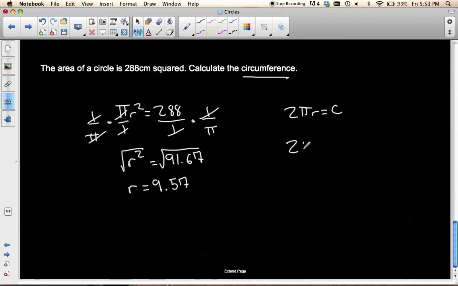I now have my radius, so 2 times pi times the radius, which is 9.57. So 2 times pi times the radius, so 9.57, gives me 60.13 centimeters.